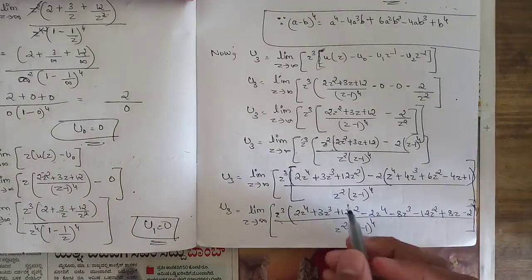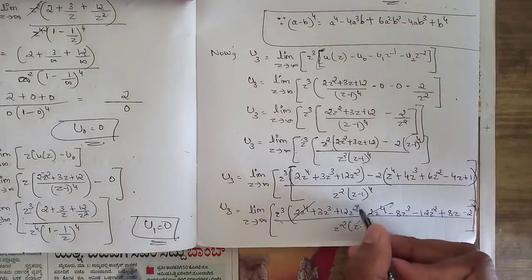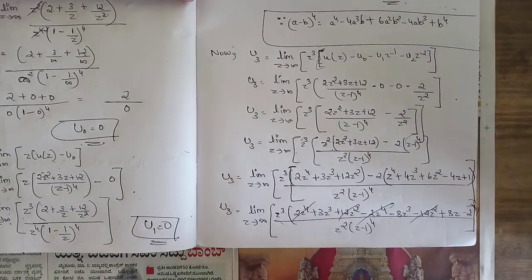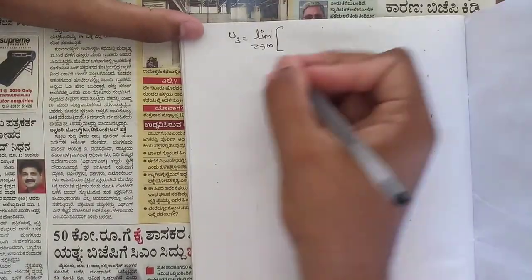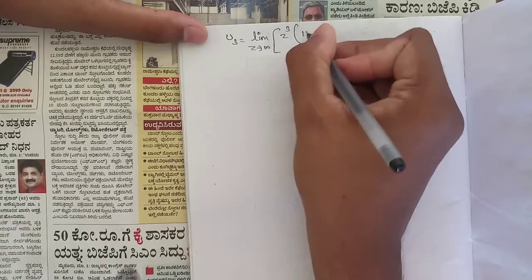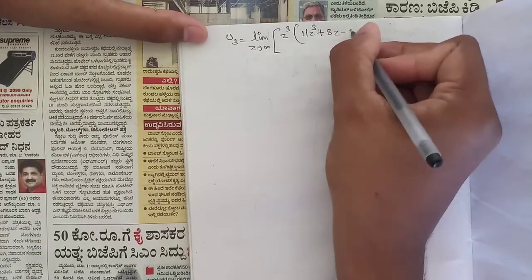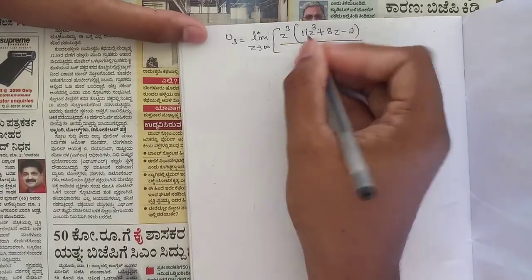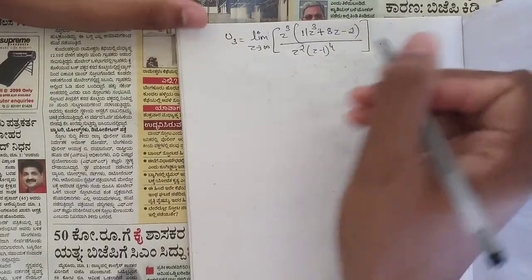Now we can cancel some of the terms here. 2z to the power 4 gets cancelled, 12z square gets cancelled, and we'll write the remaining terms. The remaining terms are, z cube is outside, (11z cube plus 8z minus 2) divided by z square into (z minus 1) whole to the power 4.